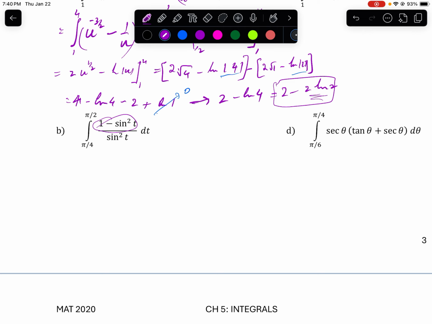No, we cannot. And also, if you notice, the integral of sine squared t is something we don't have in our table. So we need something else, and you don't have the knowledge yet of how to do this.